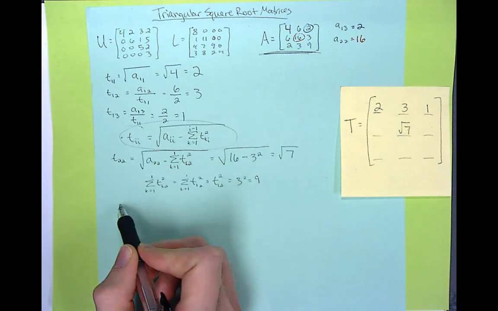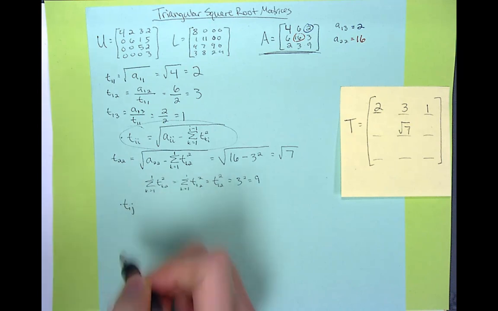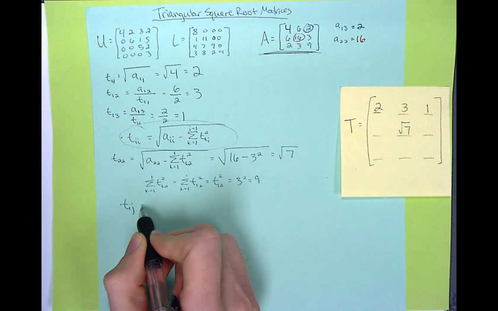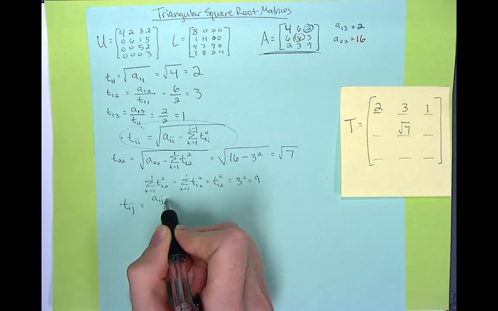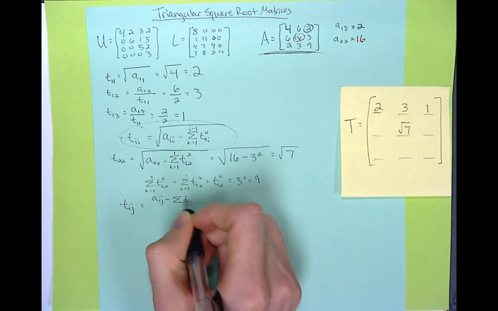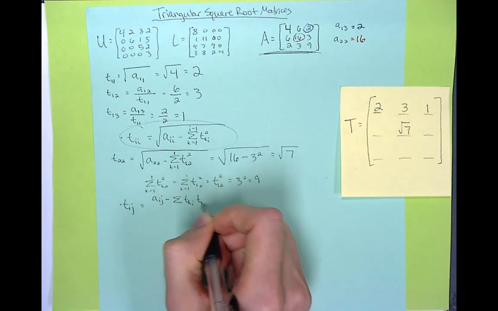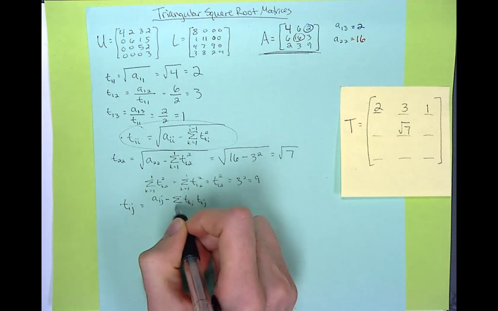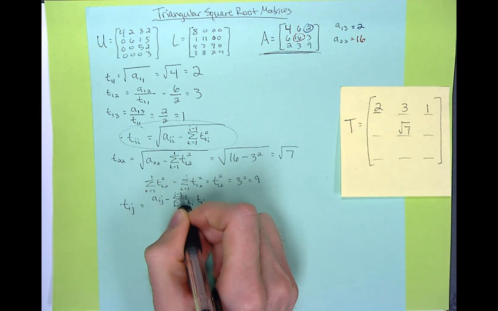The formula is T sub ij equals a sub ij minus, we have another summation here, summation of t sub ki times t sub kj, as k goes from 1 to I minus 1.